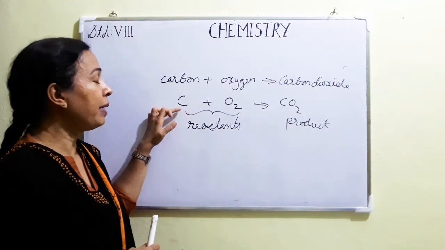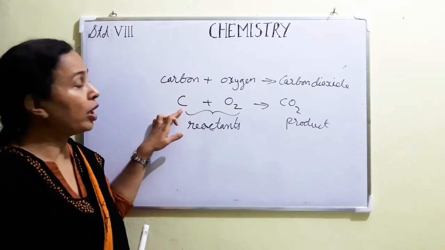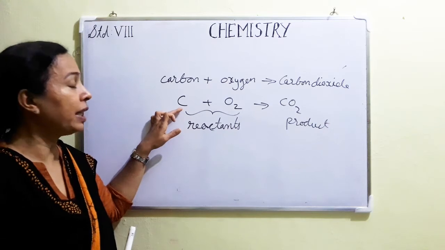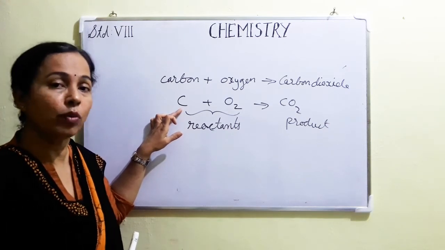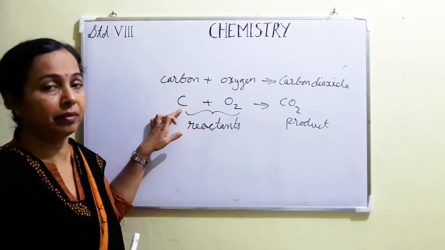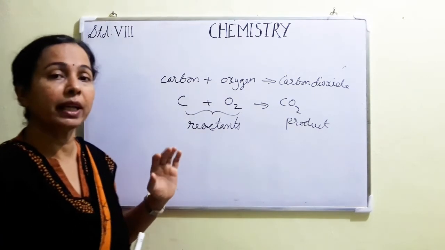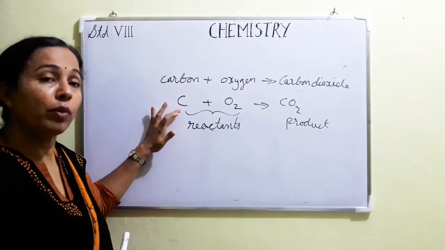But here we may have a doubt why ma'am has used a symbol. Symbol represents an atom, so I haven't represented it in the molecular form. But we know that carbon is a monoatomic molecule, meaning one molecule contains one atom, meaning its atoms can exist independently. So this is the molecule of carbon.